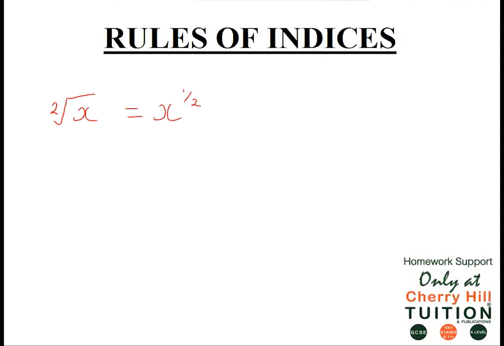The cube root of a number can be written as the number that you are cube rooting to the power of a third. So hopefully you can see that there is a pattern here. In a more general way, this is what you need to know.